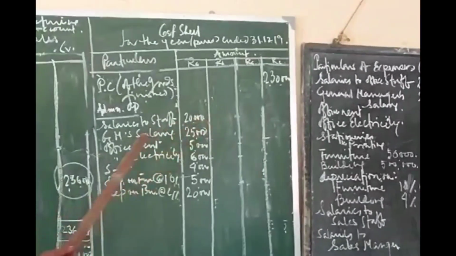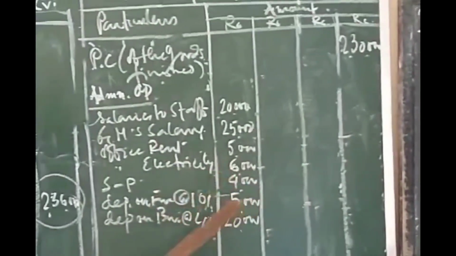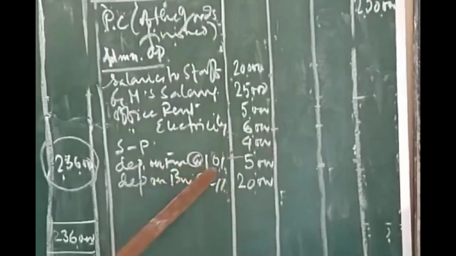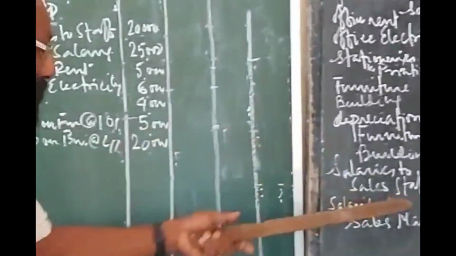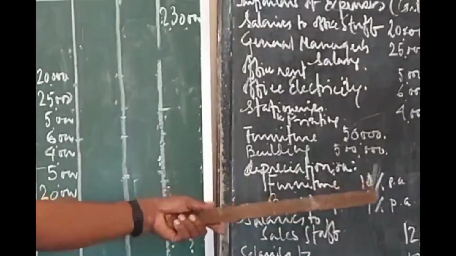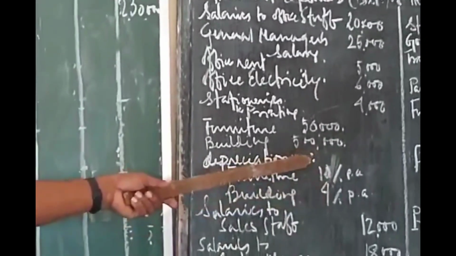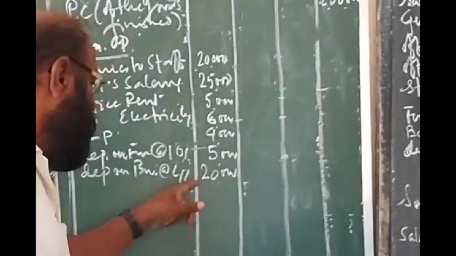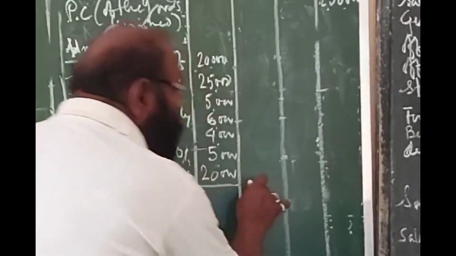Salaries to staff 20,000, general manager salary 25,000, office rent 5,000, electricity 6,000, stationery and printing 4,000, depreciation on furniture 10%, furniture value 50,000, that is 5,000, and depreciation on administrative building at 4%, building value 5 lakhs, so 20,000. Now what is the total amount?